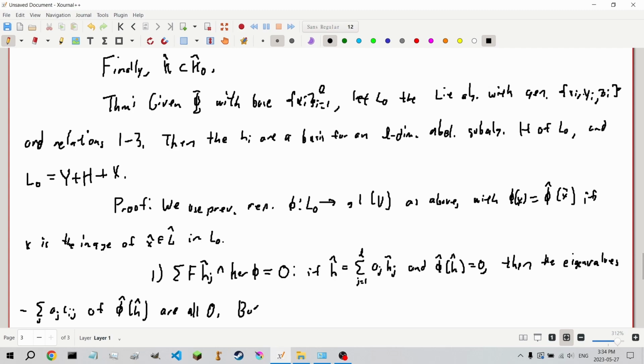But the Cartan matrix is of course non-singular. So all a_j in this case are 0, so h hat is 0.